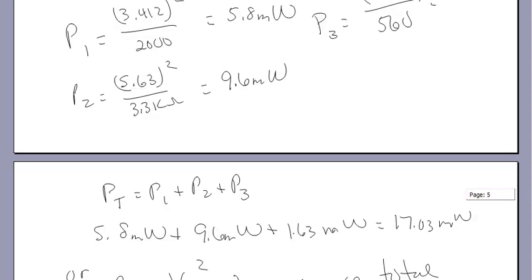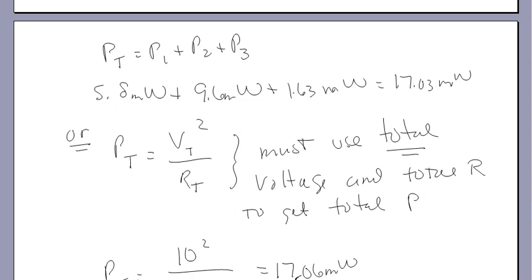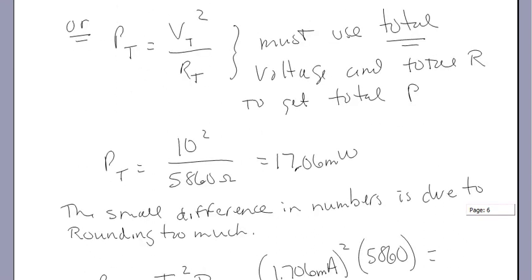1.63 milliwatts. Total power is all the powers added up, P1 plus P2 plus P3. So if I just take all those three numbers I just calculated, 5.8 milli, 9.6 milli, 1.63 milli, I get 17.03 milli. Or I could use a total power formula. Again, it's the same power formula, I'm just using all my total quantities.